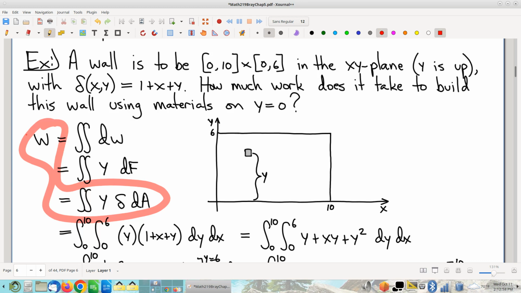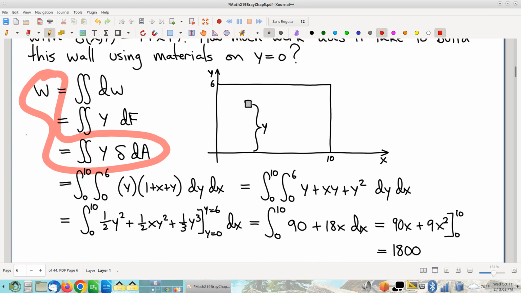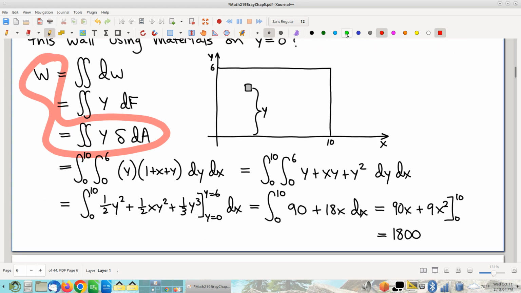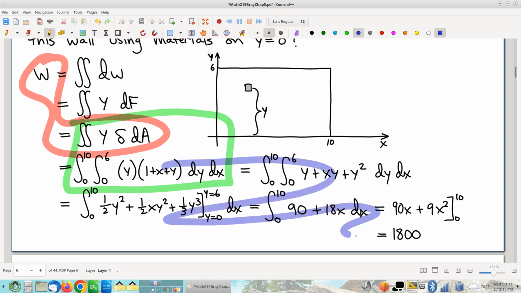Everybody on board? Yeah, it's all over with the shouting at this point. Because phase 2 is to recognize that a double integral is computed with an iterated integral. Phase 3 is to crank out that iterated integral.